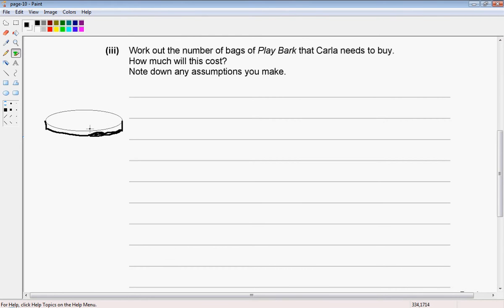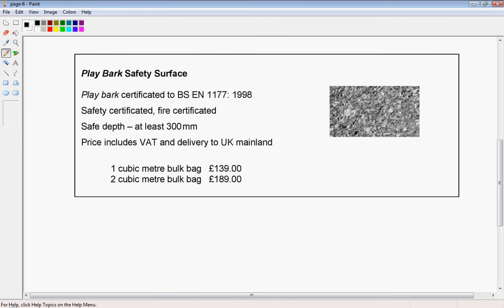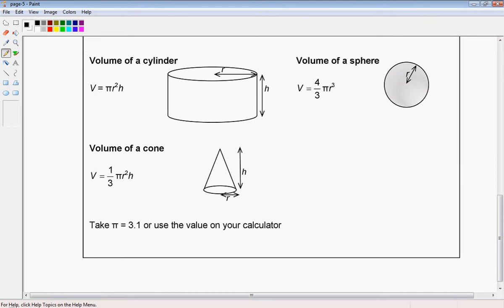So what we're doing is we're finding volume. Okay, don't draw this on the day of the exam. So this gives us the cost of the bark. Now here we're finding the volume of a cylinder.